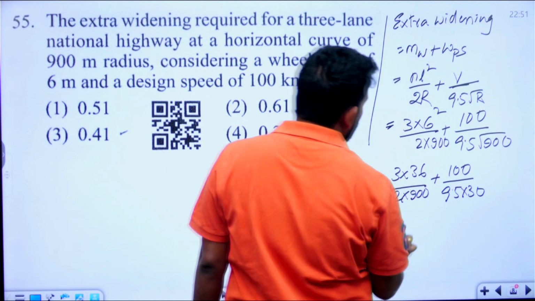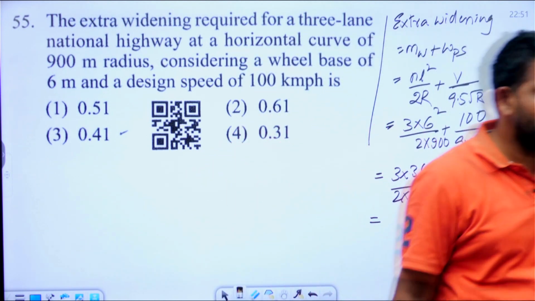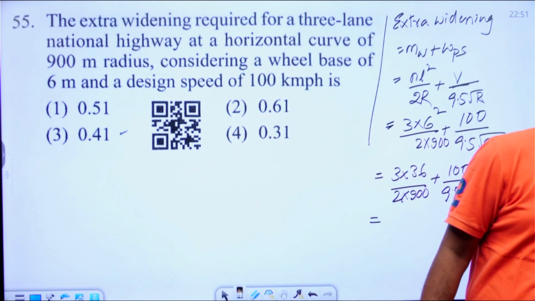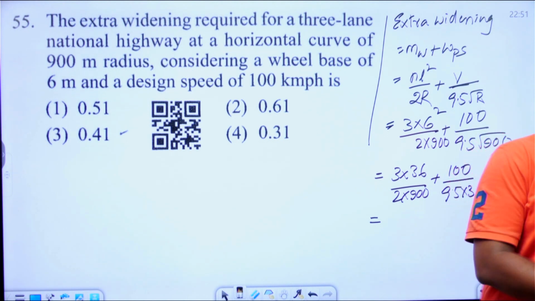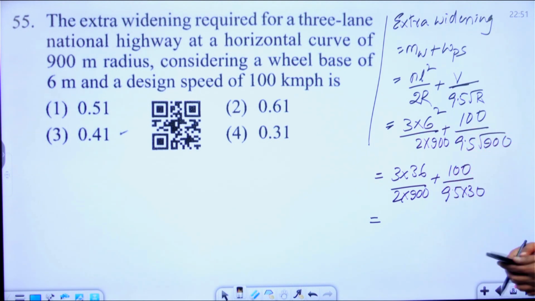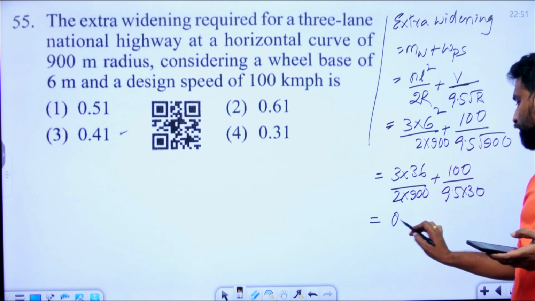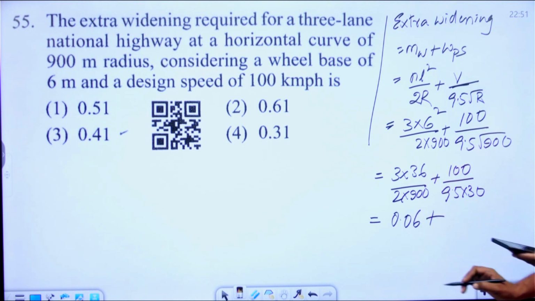Solve this equation by using simple mathematics, and then you will be able to get the answer directly. The first term we have to get is 0.06, where L squared is 6 squared, 36.